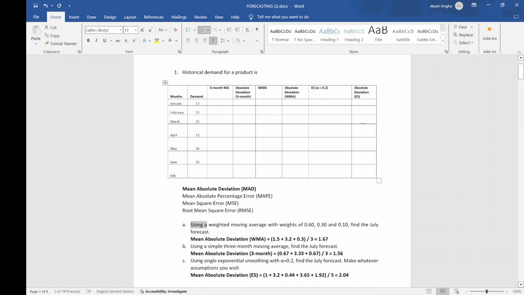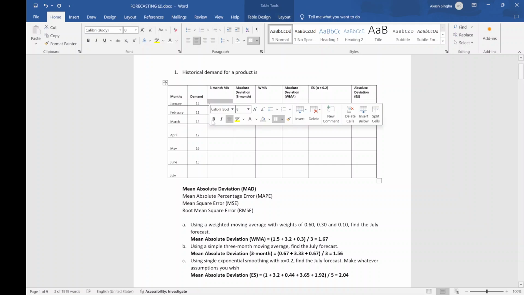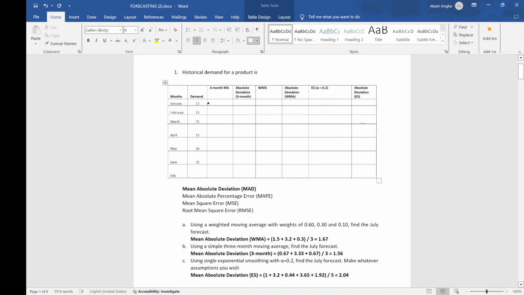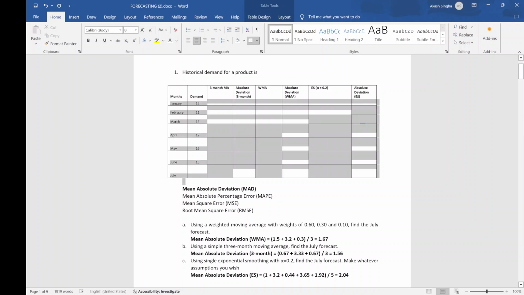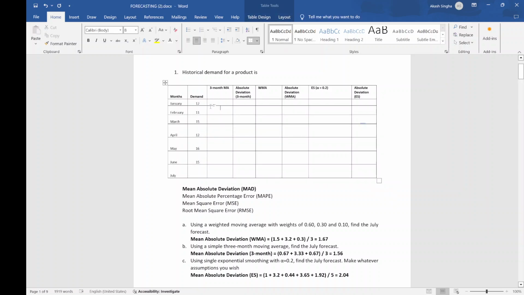So what to do with 3 months of MA is this. It is given 3 months, so we have to calculate the first three and calculate from the fourth one, right?